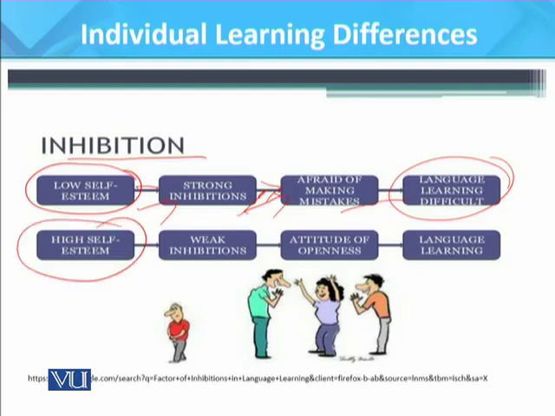Now, high self-esteem, where you have faith and a sense of self-efficacy, means weak inhibition. A person with high self-esteem will not feel inhibition, will be confident to open up to speakers of the target language, and this will result in positive language learning. So low self-esteem results in strong inhibitions, and high self-esteem results in weak inhibitions. For successful language learning, we need weak inhibition or none at all.